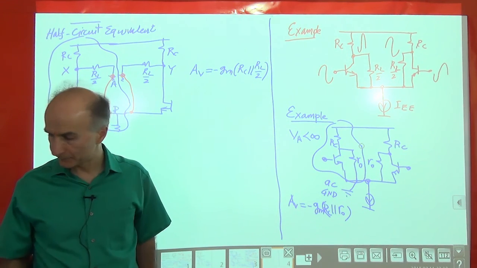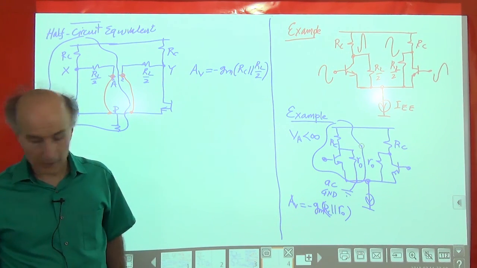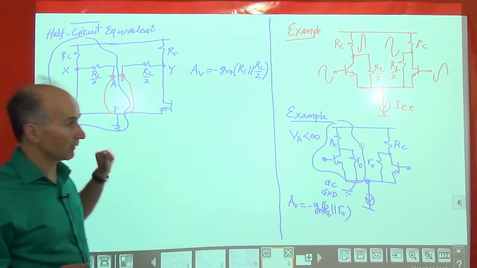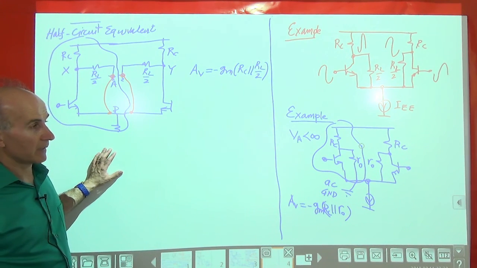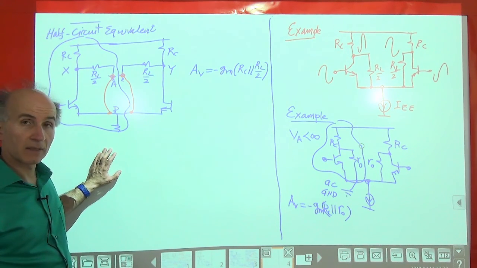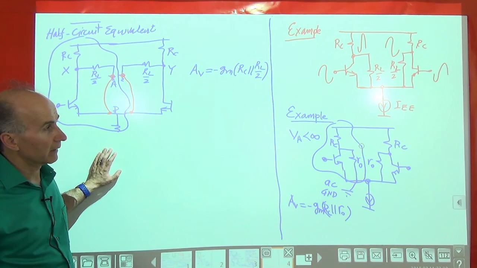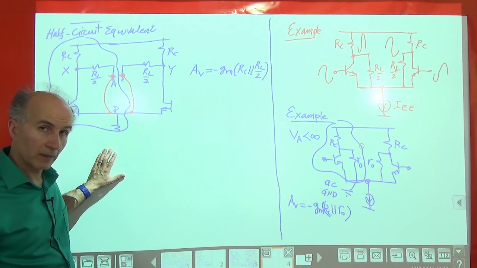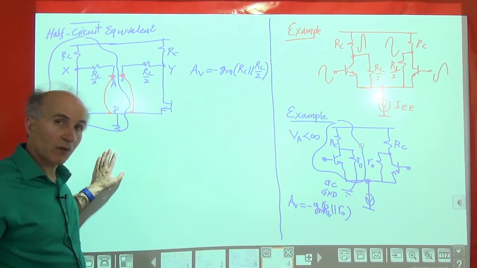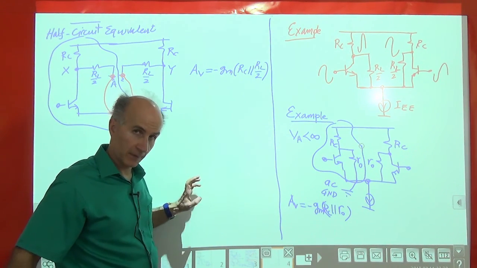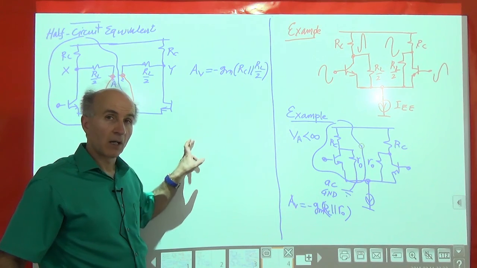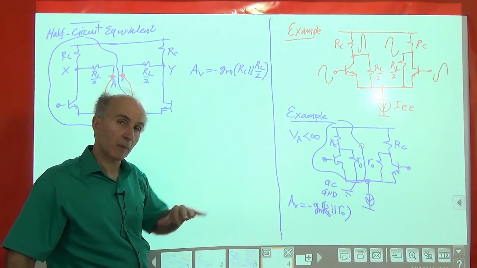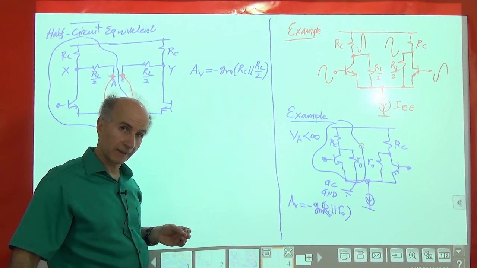Well, these were some examples of the bipolar differential pair to show us how we go about analyzing these circuits. Next lecture, we will start looking at the MOS differential pair, and we will see that almost all of the concepts that we have developed here are applicable to the MOS differential pair as well.